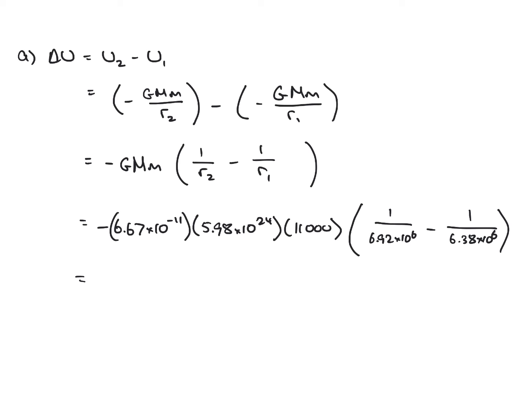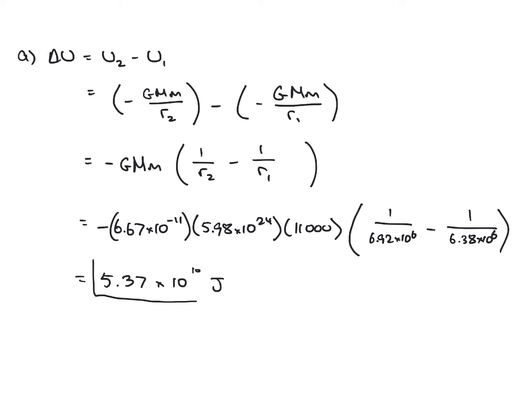Okay, so I think I got it. 5.37 times 10 to the, okay, let's count decimal places here, times 10 to the 10. So this would be in joules. This is gravitational potential energy.